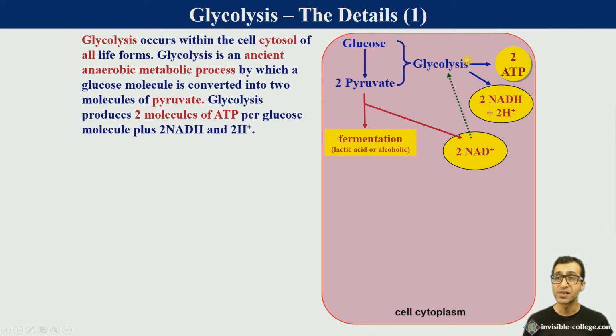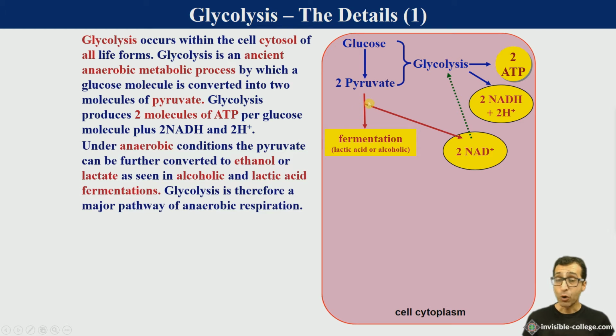Now, glycolysis, as we said before, is a very ancient anaerobic metabolic process which evolved very early in the history of life. And through this process, a molecule of glucose produces 2 molecules of ATP per glucose molecule, but also produces 2 NADH molecules and 2 protons.